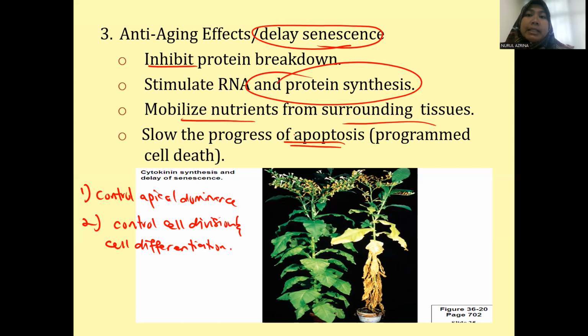Apoptosis is programmed cell death. So you can see over here the difference between two plants: this one is applied with cytokinin and this is not. You can see that the left one looks healthier and can lengthen the plant's age.